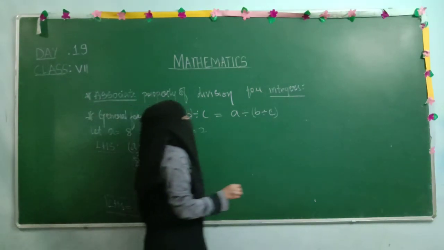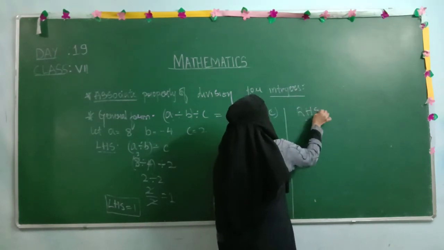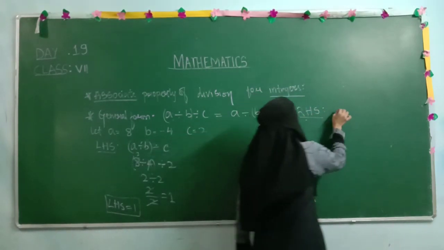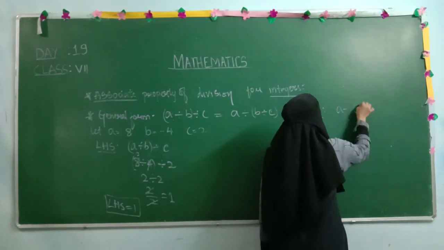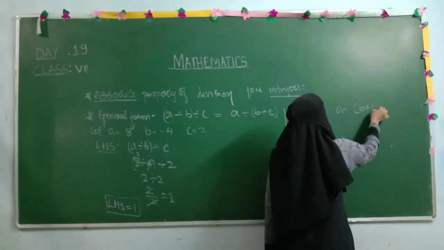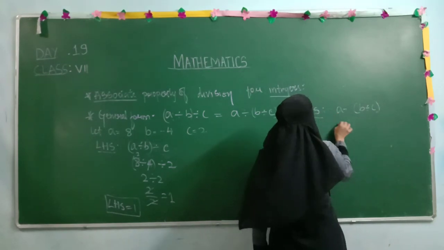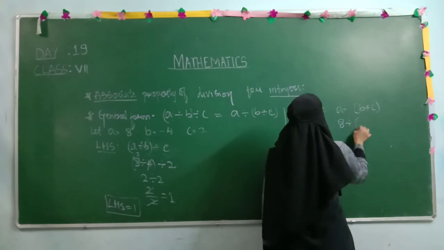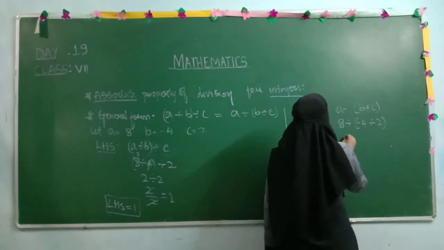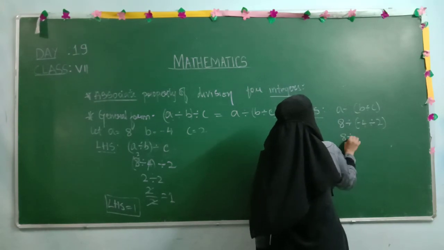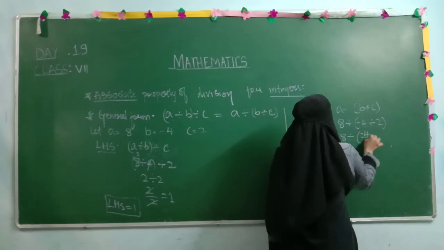Now we are going to check the RHS. What is the RHS condition? Yes, first we are giving priority to B and C. First we are going to solve that. We need to substitute the values. 8 divided by (minus 4 divided by 2). Now we can write it as 8 divided by minus 4 by 2 also.